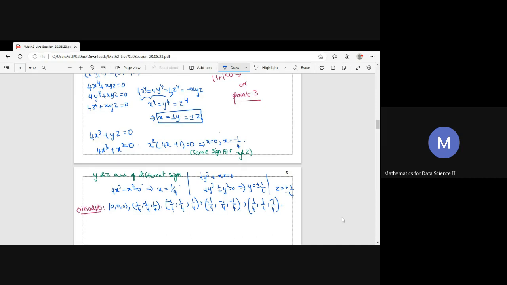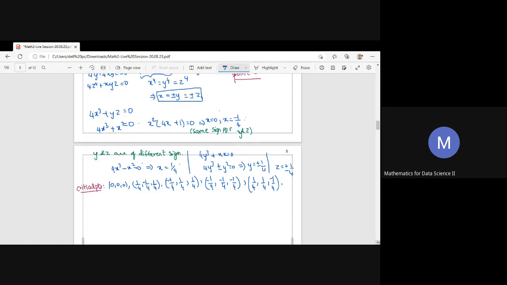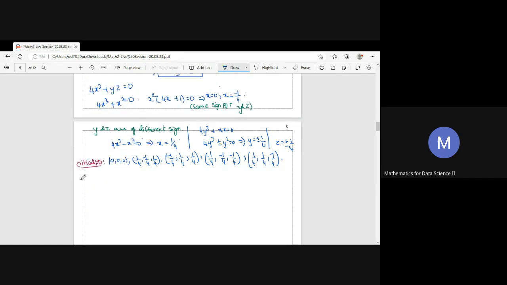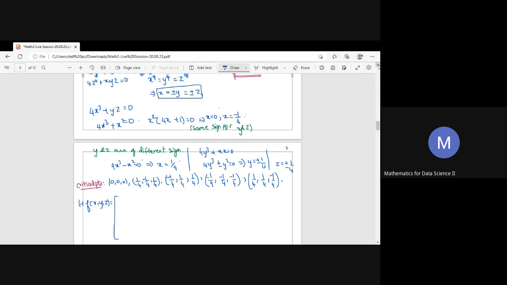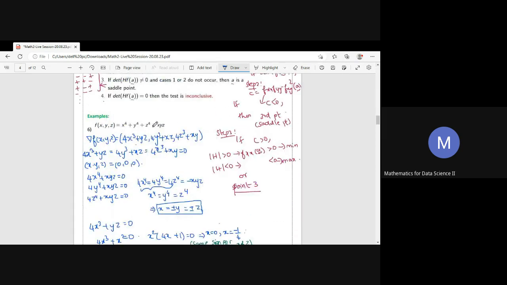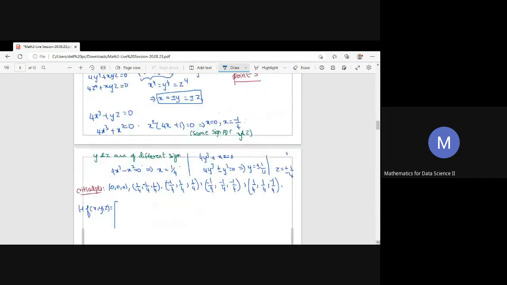Now for these critical points, what is the next step? Since we have found the critical points, the next step is that we have to find the Hessian matrix. Now, what is the Hessian matrix for this function? What is the function for us? x power 4 plus y power 4 plus z power 4 plus xyz.